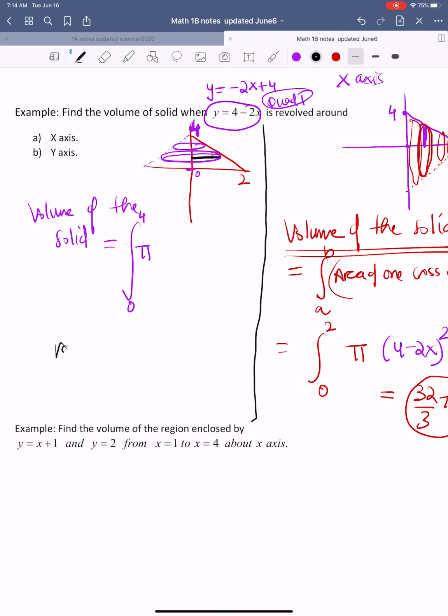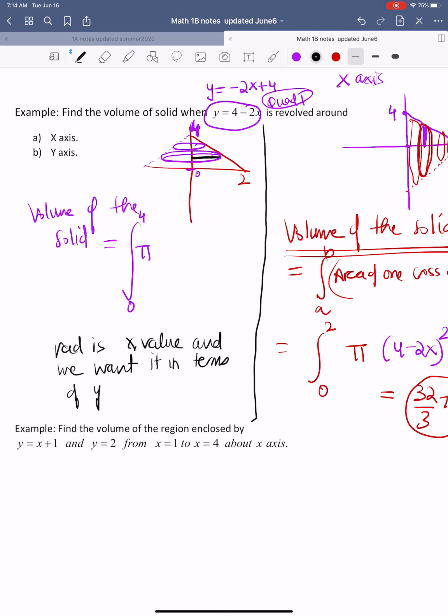So the radius is the x value, and we want it in terms of y because my discs are perpendicular to the y-axis.